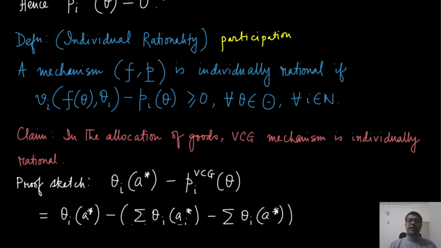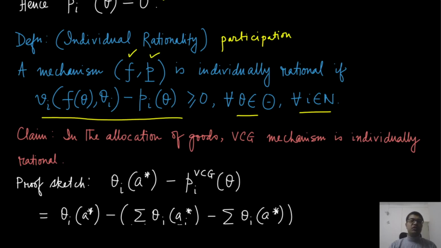We are going to call a mechanism f comma p individually rational if for every type theta and for every player the utility of this player is going to be non-negative. So what it means is that by participating in this mechanism, which picks the allocation rule as f and the payment rule as p, nobody is getting any negative payoff. By participating in it, you are not going to lose.